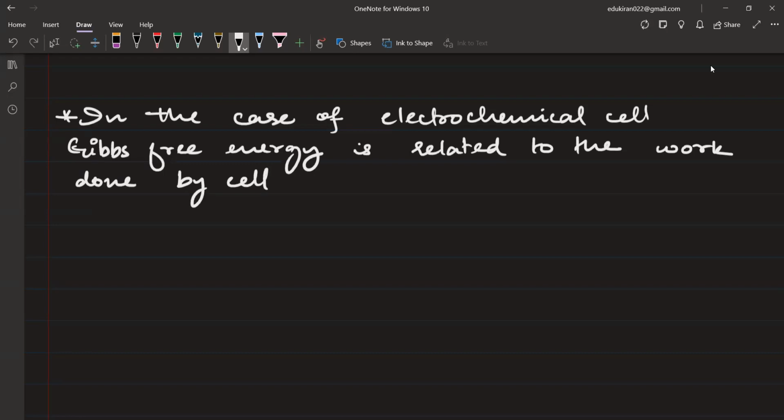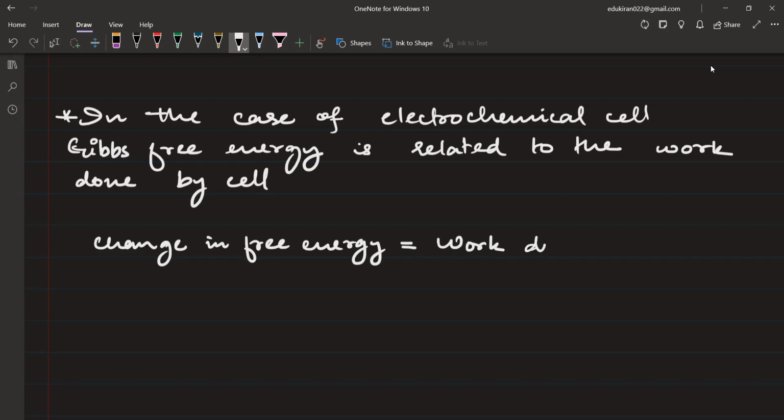Right. Change in delta G, sorry, change in Gibbs free energy, delta G तो change ही होता है, change in free energy लिख दीजिए, free energy is equal to work done by cell.